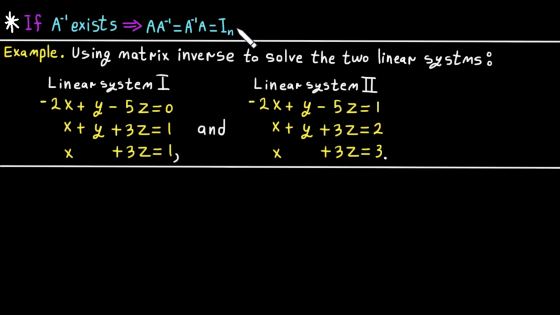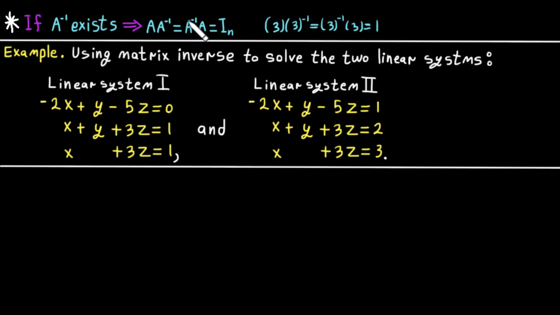Here, it's like multiplying a number by its reciprocal. For example, 3 multiplied by 3 to the power -1 is almost the same, but here they are numbers, not matrices. Swapping these two, 3 to the power -1 multiplied by 3 equals 1.